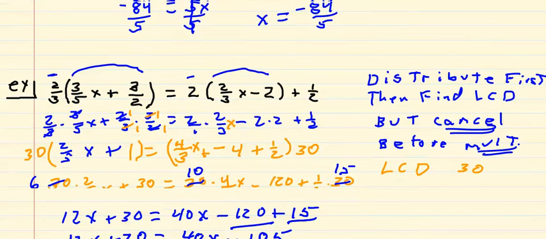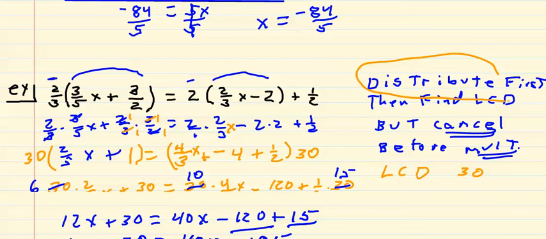The key here, though, was we distributed first. You must distribute first. All right. Oh, last thing, cancel before you multiply.